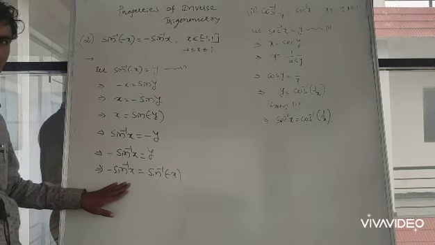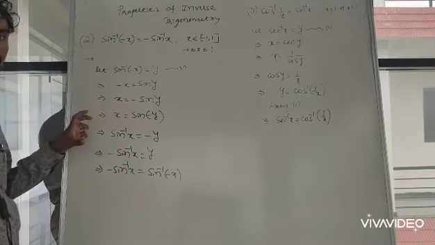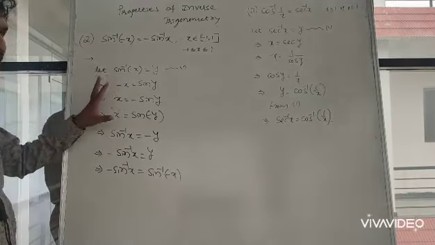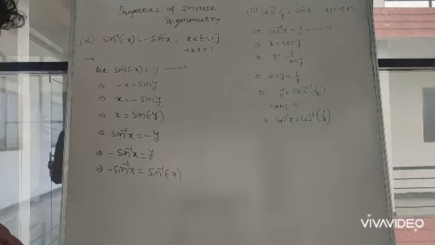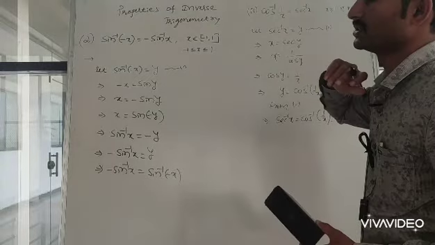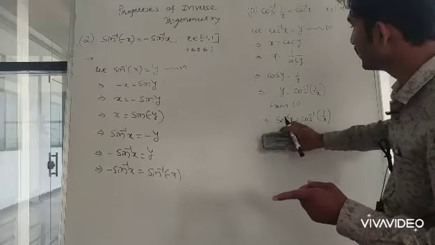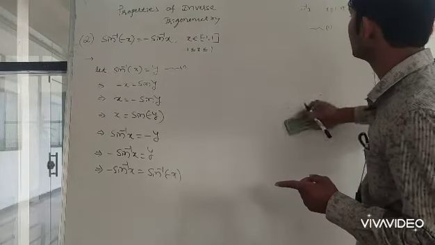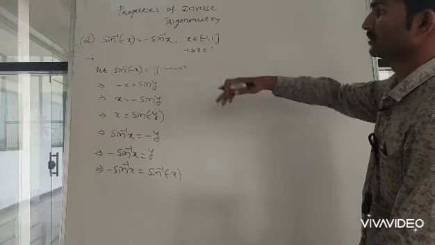Very simple. They may ask some properties to prove for 2 marks. Very important properties. You should remember the properties as well as the domain and range of all inverse trigonometric functions. If you remember the domain and range of trigonometric functions, you can easily remember this one.